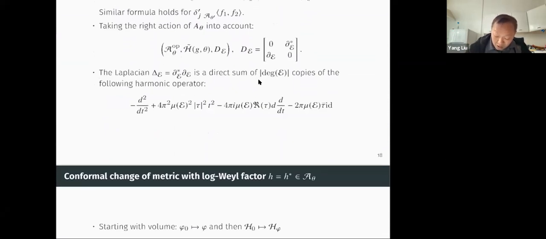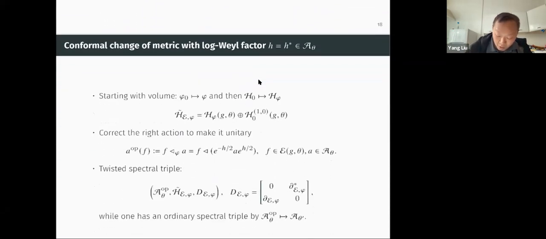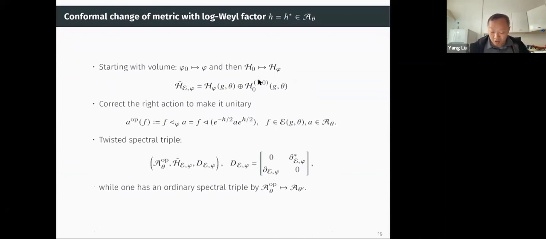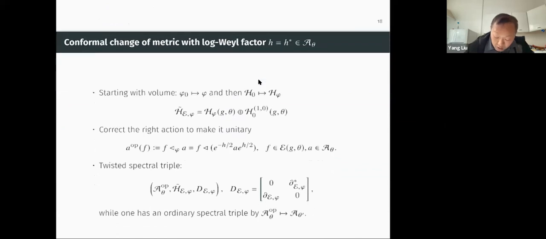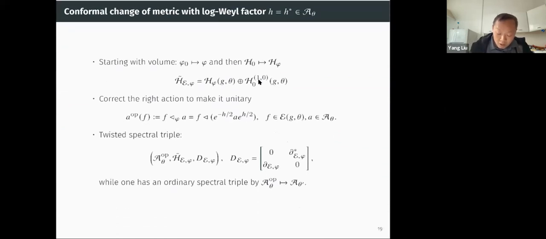So now we do this conformal change of metric. Basically the change of metric happens the same way: the conformal change of metric starts with changing the volume form, right? We're still rescaling the canonical trace by a Weyl factor, we get the phi.